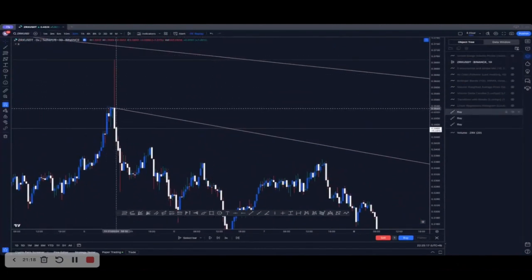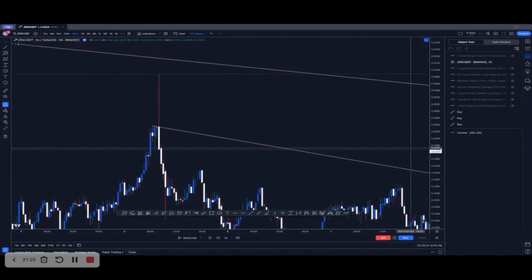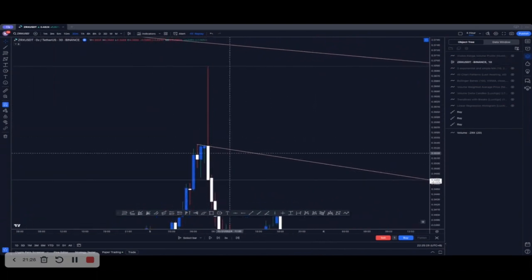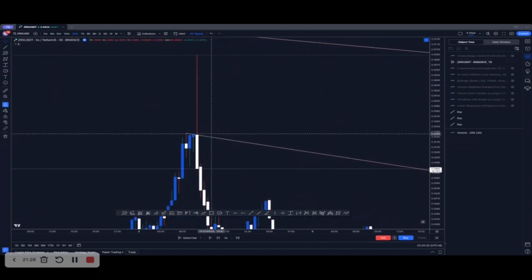So the basic understanding of candles, you really have to know this to be able to read this movement correctly. When you have a red candle, in my case it's white, a downward candle, the upper close is really the open. So this is the open of this time frame.